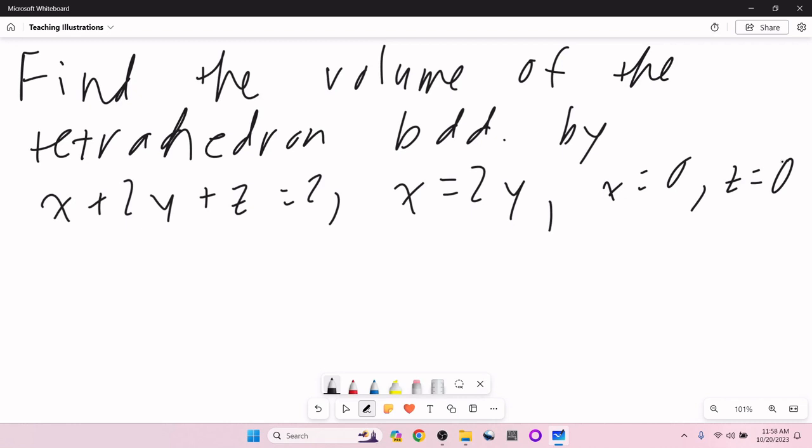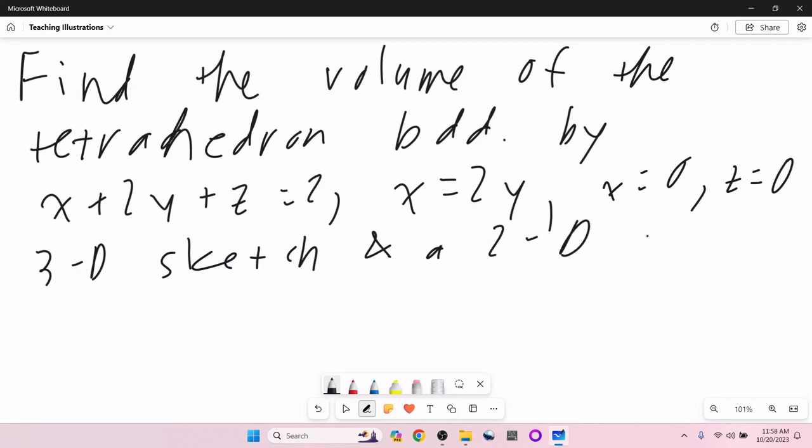Now, there are a couple things we need to do with this. I'm going to want to make two different sketches. We'll want a 3D sketch and a 2D sketch.